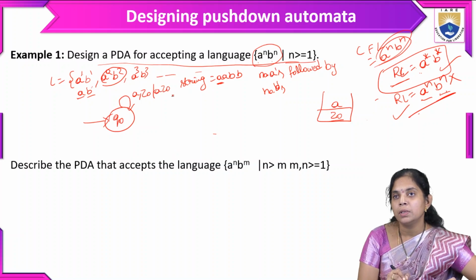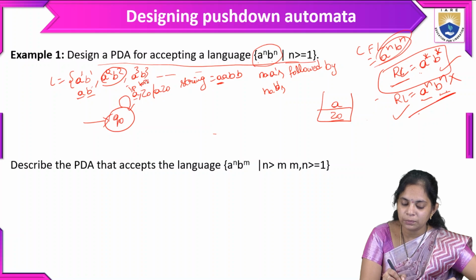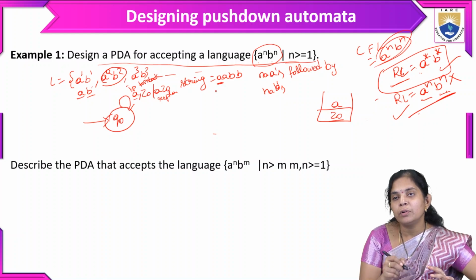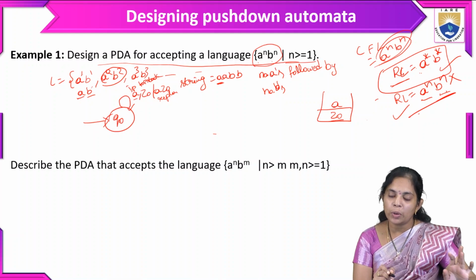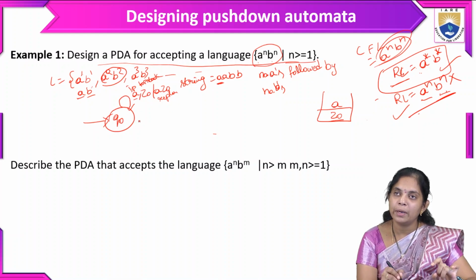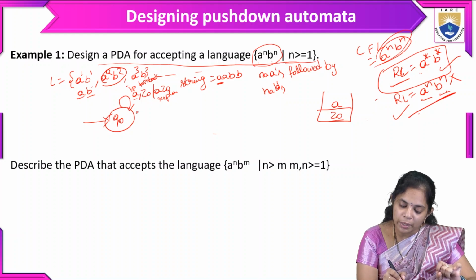Initially, this is the input, the top of the stack symbol, and the replacement value, for the first A. Since there are n number of A's followed by n number of B's, n A's will be in the input string, so for multiple A's we write like this.